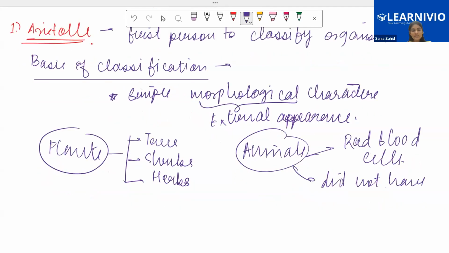You know what are red blood cells? They are RBCs. RBCs are basically present in our blood. They are the major blood forming cells. So he said that plants have three categories: either trees, shrubs, herbs, and animals have two categories: either they are red blooded or they do not have red blood cells. So this was the basis of classification of Aristotle.